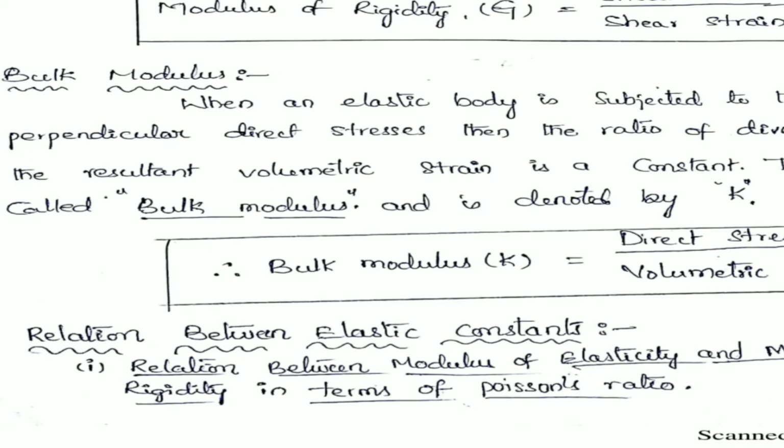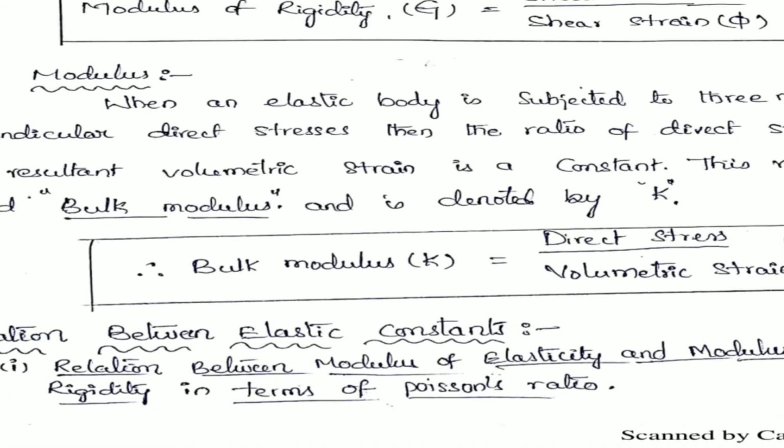The next important topic, the relation between elastic constants. Actually, three relations are available. First relation, between modulus of elasticity and modulus of rigidity in terms of Poisson's ratio.